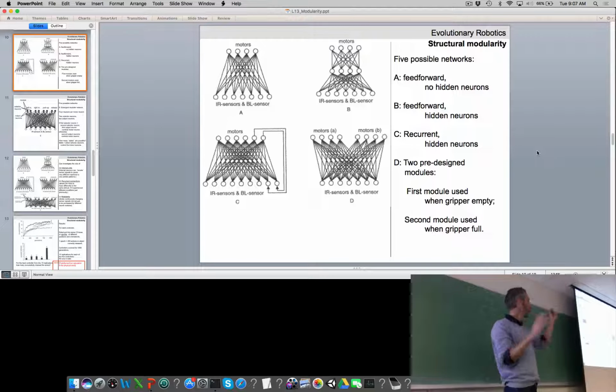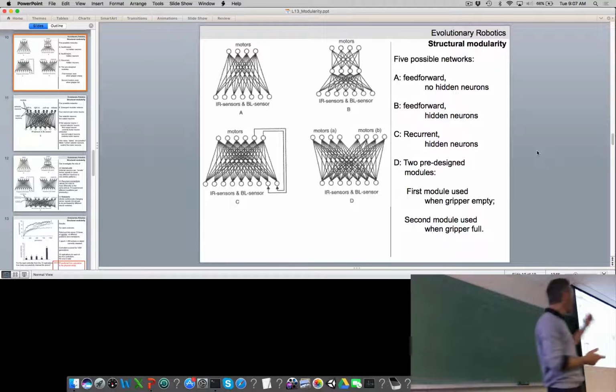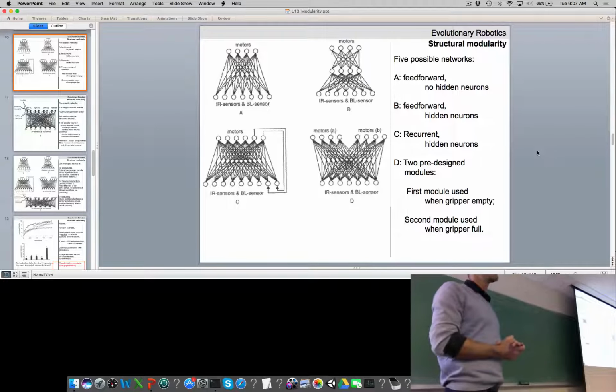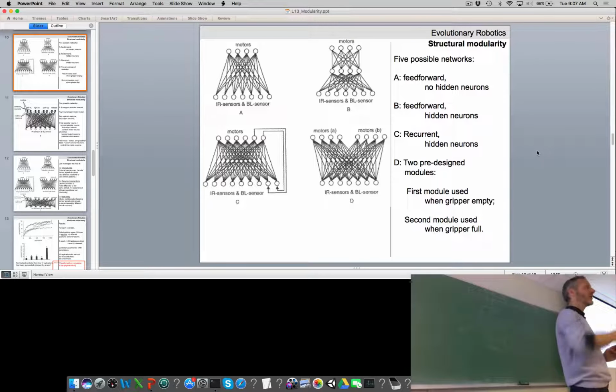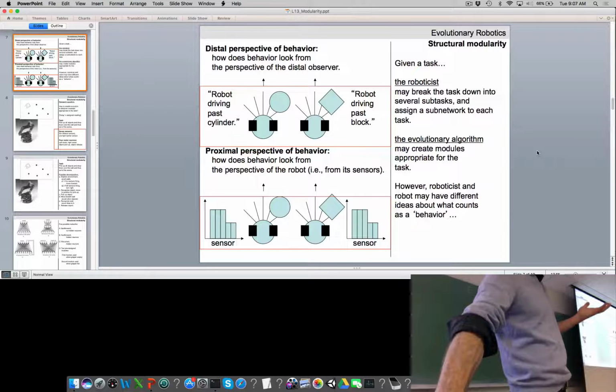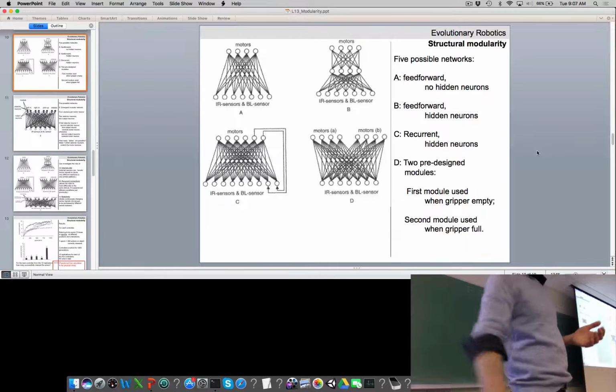There's no feed-forward network with no hidden neurons that can compute the XOR function. An XOR function is a nonlinear function, and AND and OR are linear. So the minute we put in hidden neurons, we enable the neural network to compute a nonlinear transformation from sensor values to motor values. Is a nonlinear transformation necessary for this task? Who knows? How will we know?